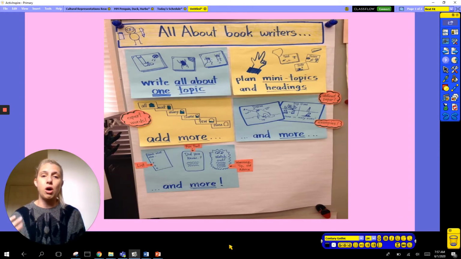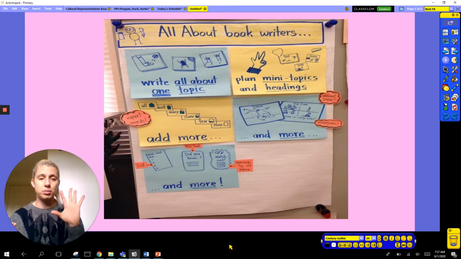So also, all about book writers plan mini topics, small topics, and headings. So if I want to talk about all about being a chef, I'm going to talk about meal prep or vegetable and fruit cutting. That might be a mini topic. Another mini topic might be using the oven or using the stove.